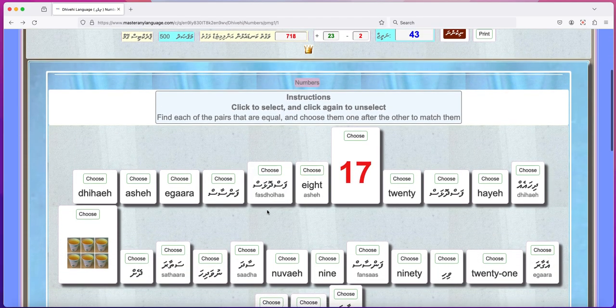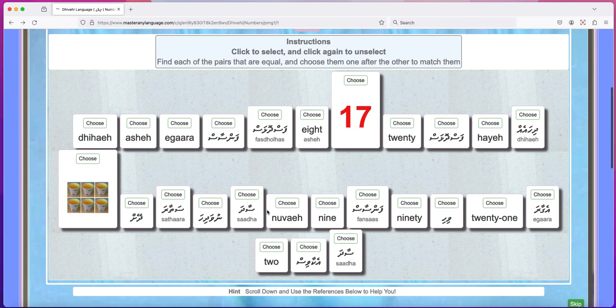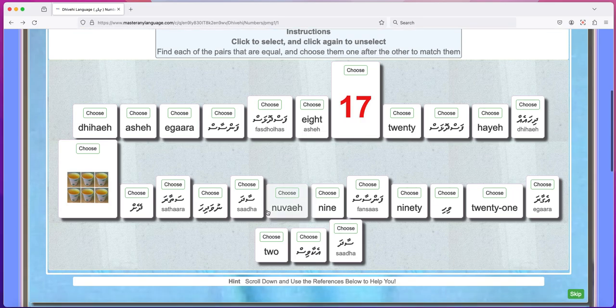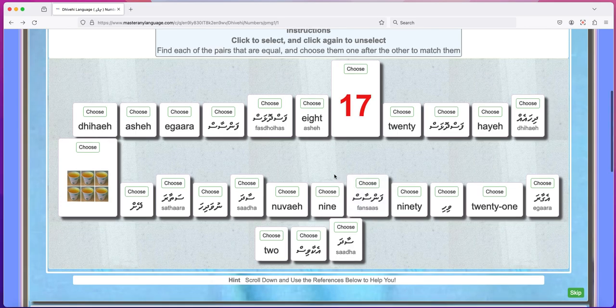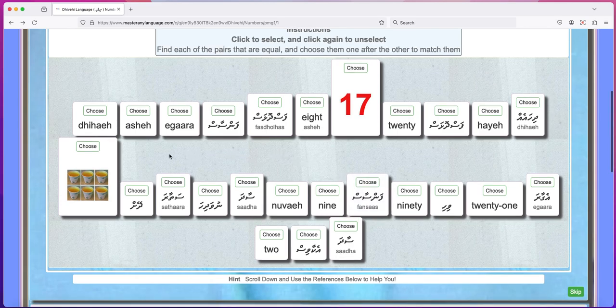Okay. Let's do a couple more, then we'll stop. We got through that without any flashcards. Sadha. Fansas was 50, I think. I don't see the word right there. This is 8, Ashe. Dhivehi is 10.